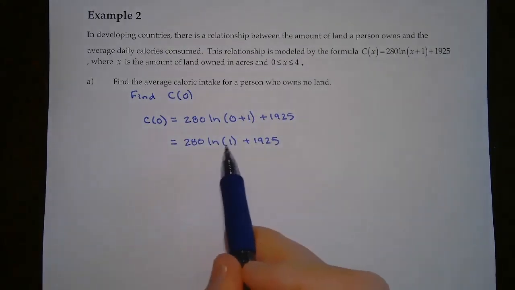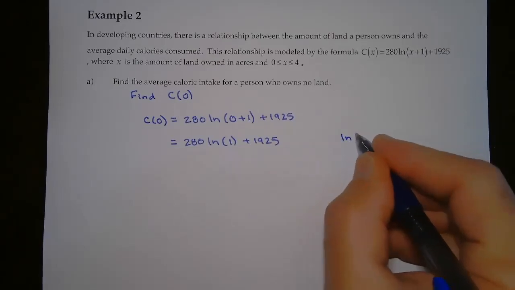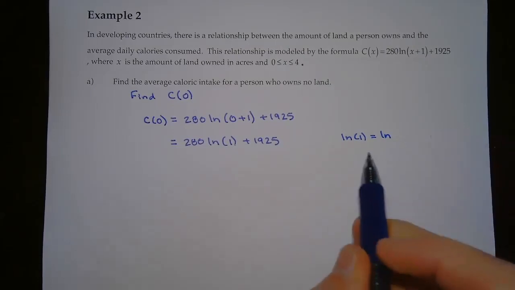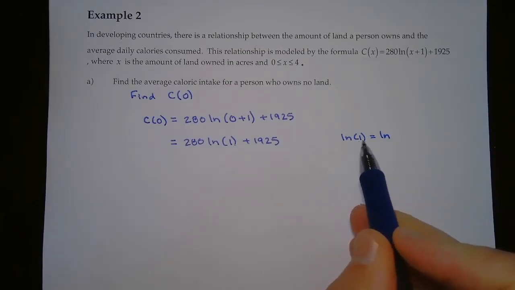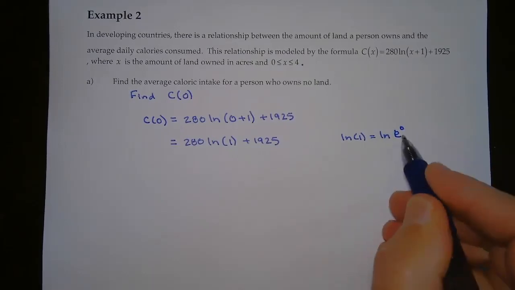We can actually find the natural log of 1. Okay, why? Because the natural log of 1 is equal to the natural log of, and we want to be able to rewrite 1 as e to a power, and we can, because e to the 0 power is 1, right?